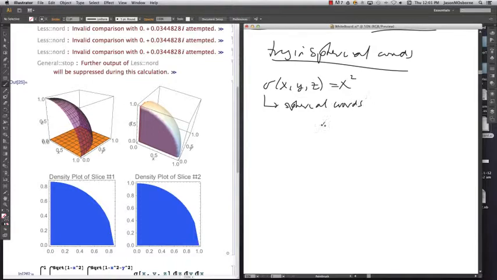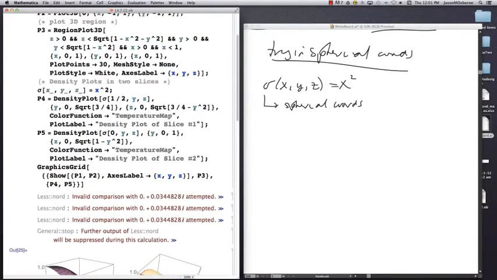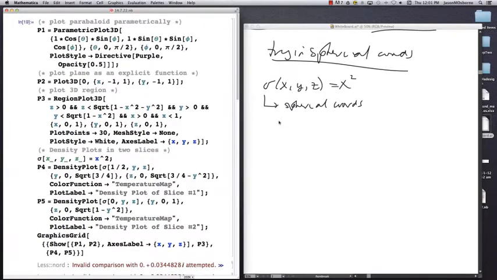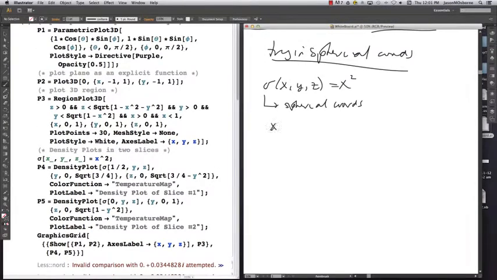Remember that spherical coordinates are given by x equal to rho cosine theta sine phi, y equal to rho sine theta sine phi, and z equal to rho cosine phi.